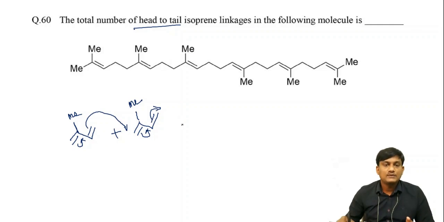So here there is a formation of a CC bond. You will get methyl. Here there is a double bond, and here there is a formation of a new sigma bond.